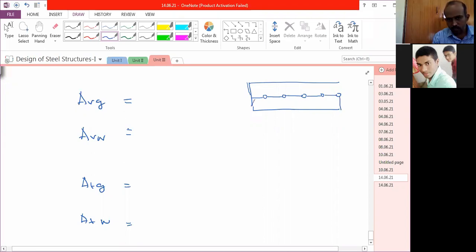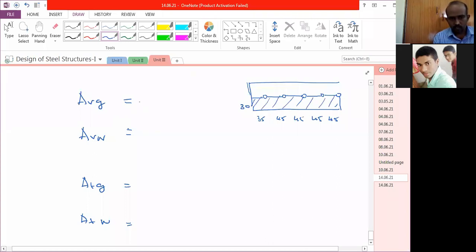This is the block shear portion, right? So this length, that distance we know, 30, this distance we know, 35, 45, 45, 45 and 45. Now I think you can calculate easily. So quickly I will give a clue.